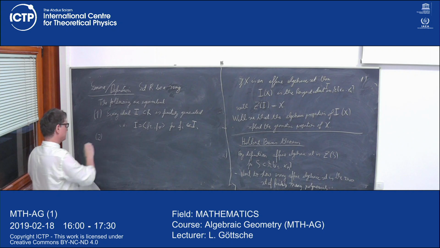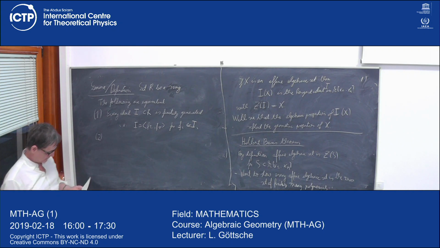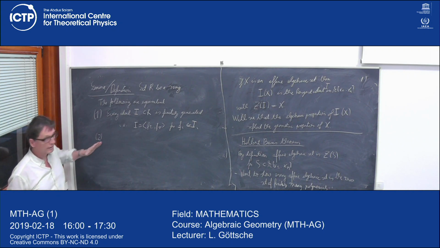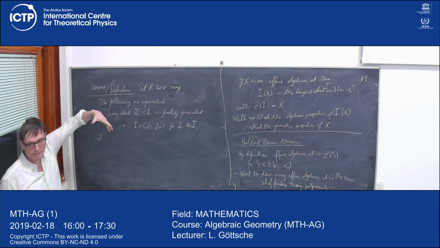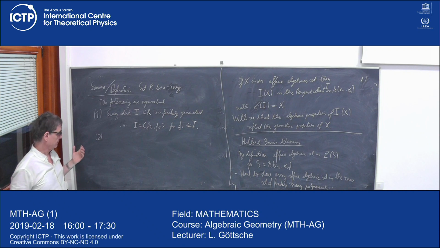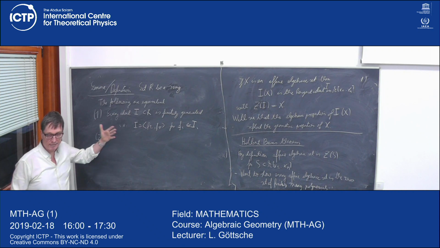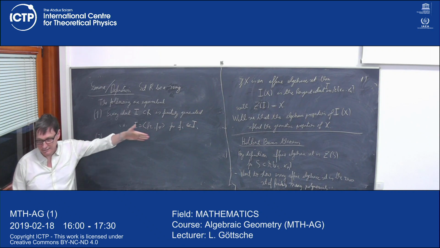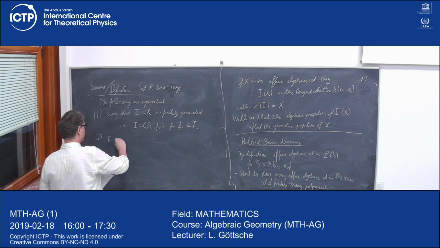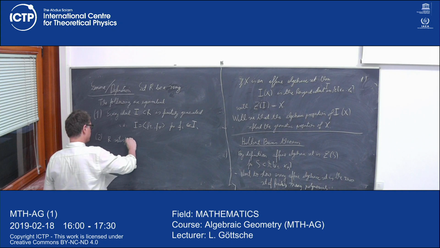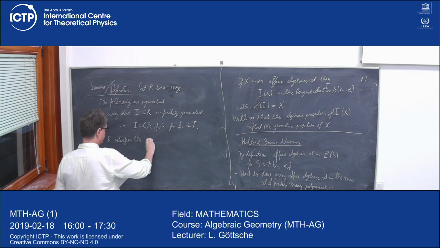And the second statement is, if I have a chain of ideals, always one contained in the other, always getting bigger, then this cannot be an infinite chain. After finitely many steps, all the ideals have to be equal. So R satisfies the ascending chain condition.